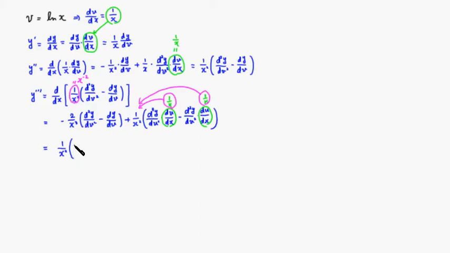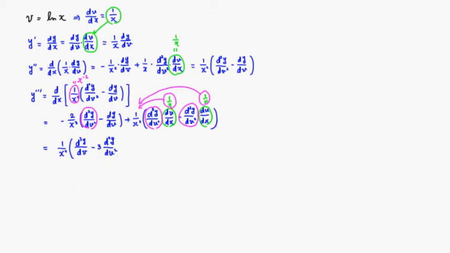Then what else do we have? Just to circle things, we have the third derivative of y with respect to v. Then how many second derivatives do we have? There's a negative 1 second derivative, and there's a negative 2 second derivative, so it's going to be negative 3 times the second derivative of y with respect to v.